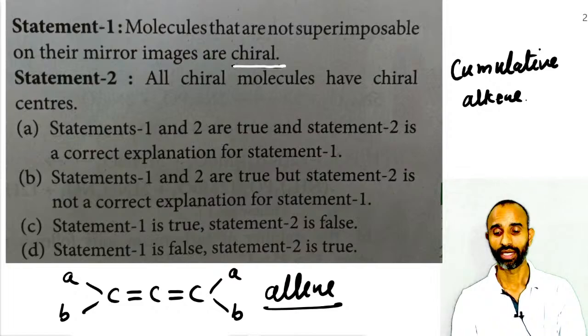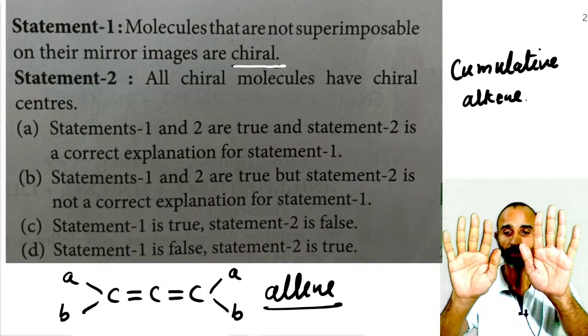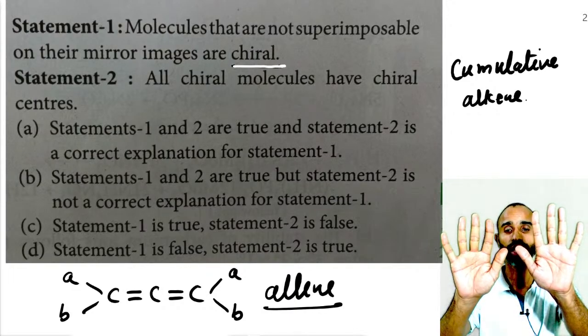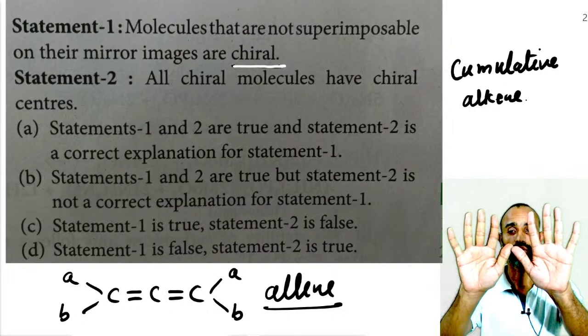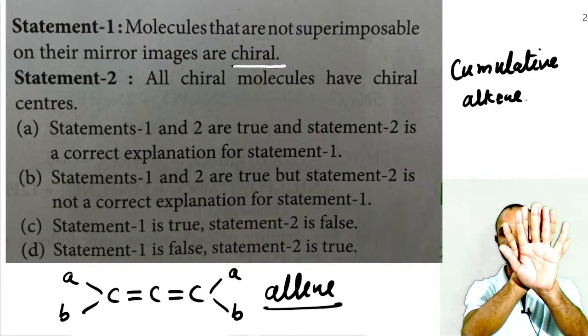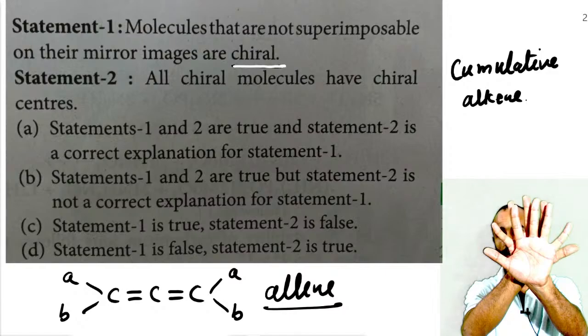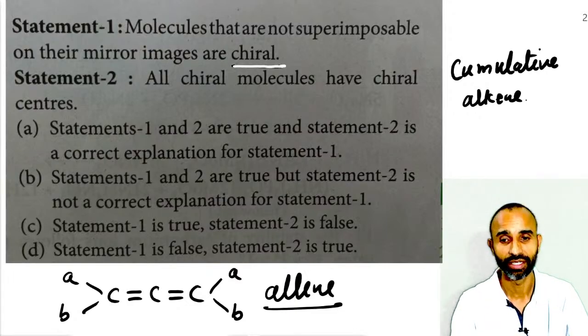Dissymmetry, like say we have these two hands. If we see them in the mirror image, they look like this. When we put the hands together, they are non-superimposable. That non-superimposability is due to dissymmetry.